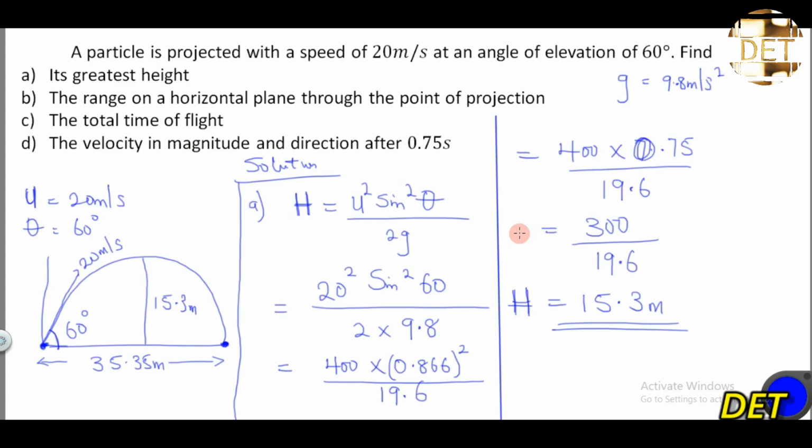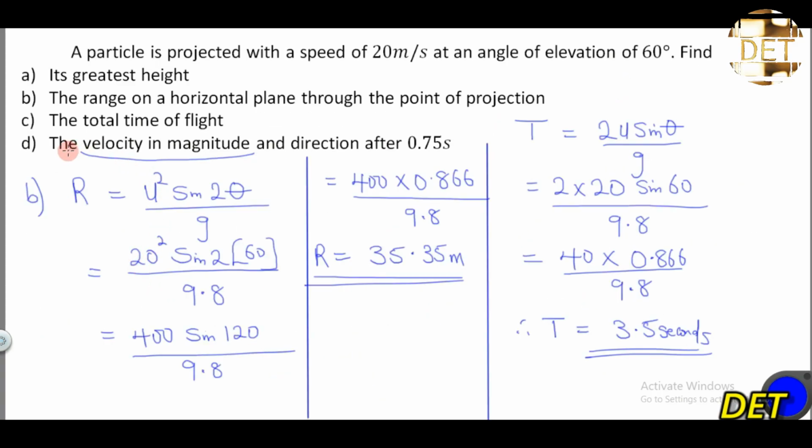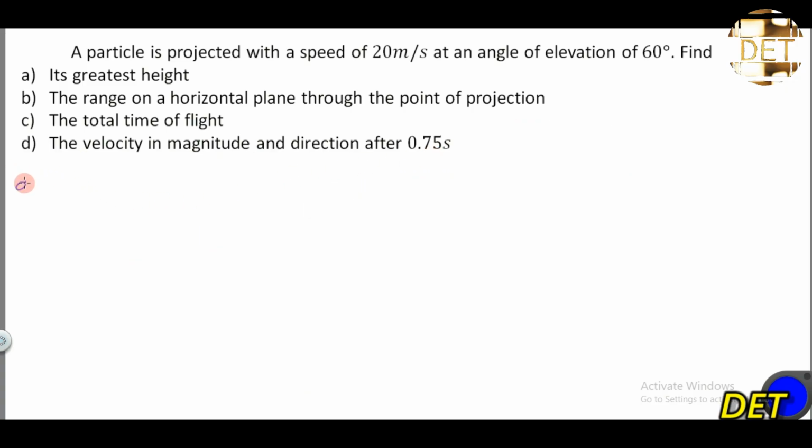right? So since we are looking for the velocity, magnitude, and direction after 0.75 seconds, we would consider these two velocities, the horizontal velocity and the vertical velocity, right? So here we'll solve the horizontal one first. We should know that the horizontal velocity is given as what? u cos theta.